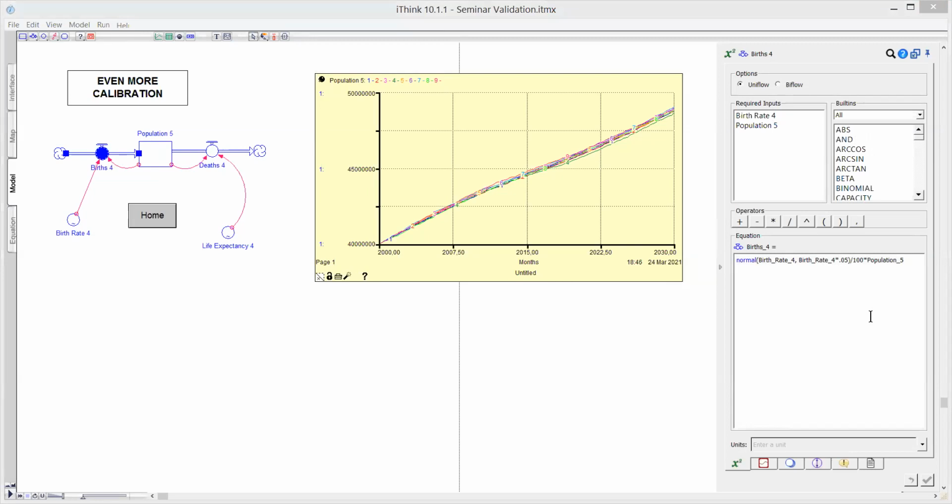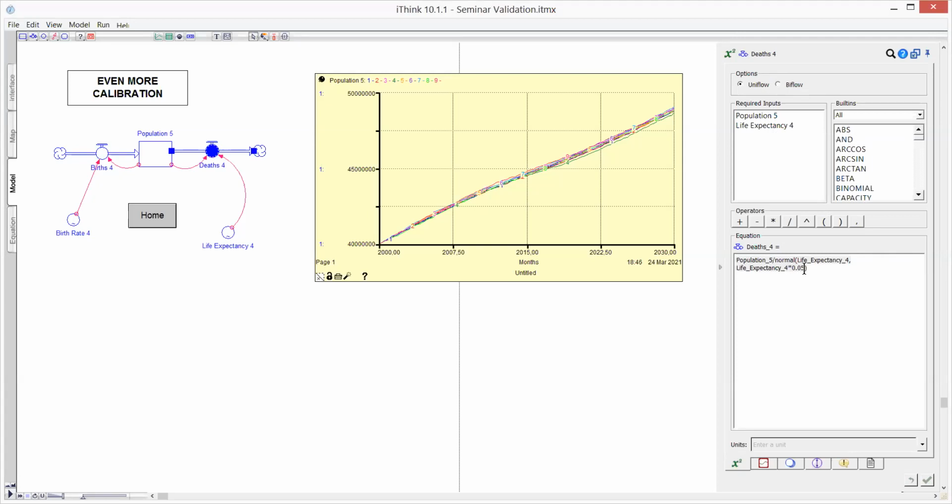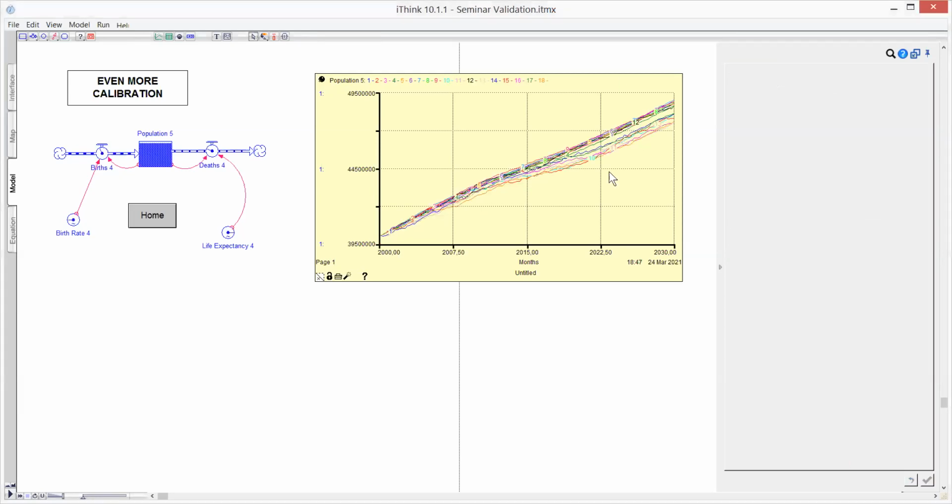So if I change that and I say instead of 0.5, I make that my data is really unreliable, which is in many cases true, then let's see what happens if my standard deviation instead of 5% is 20%. And now suddenly you can see that the range is increasing.